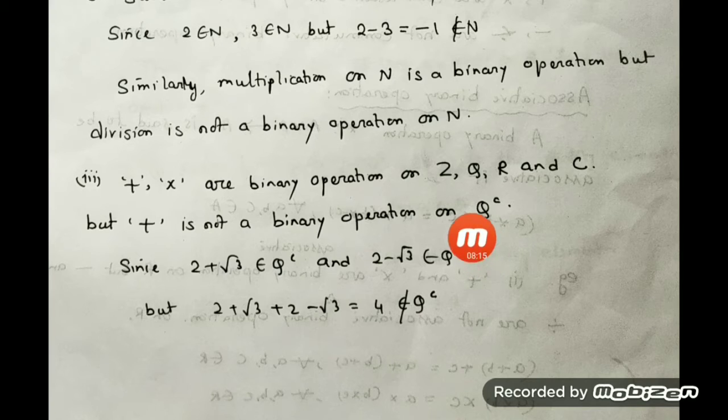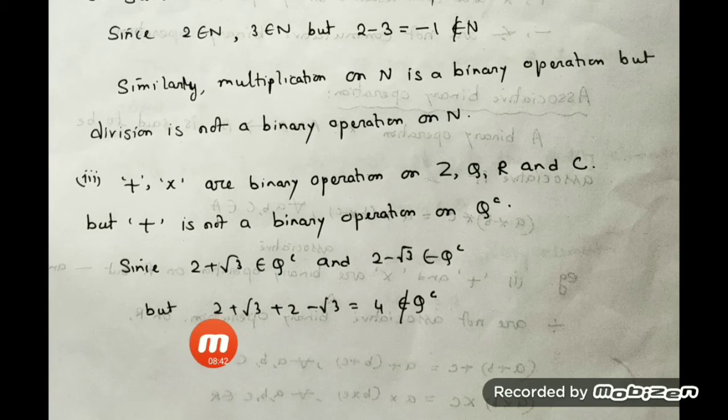Let me give you an example. Suppose we take 2 plus root 3. This is an irrational number. I hope you remember the definition of an irrational number, which cannot be put in the form of p by q. That is not rational. So root 3 is an irrational number, so 2 plus root 3 is also an irrational number, and 2 minus root 3 is also an irrational number. Okay. So if I add these two, you will have what? 2 plus root 3 plus 2 minus root 3.